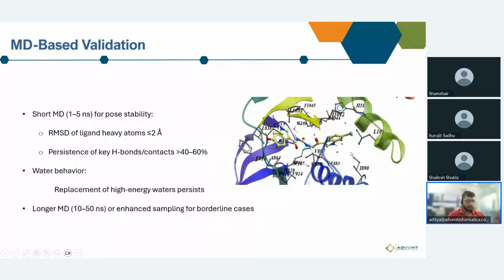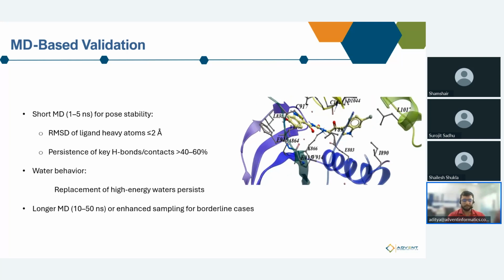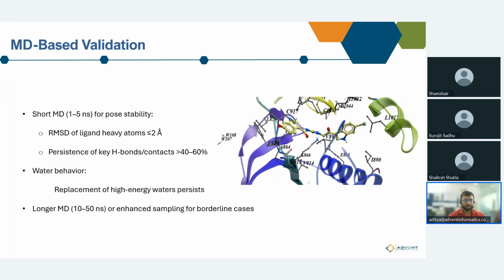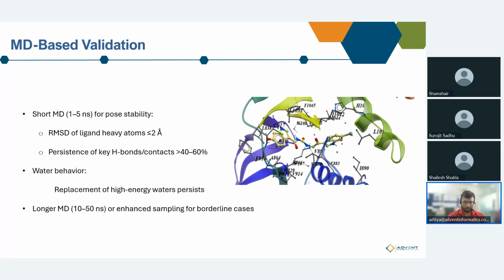So when we are doing all such things, the next step would be to look for MD-based validation. For MD-based validation, we need to run a small MD of your selected pose. And when we do so, we need to consider two, three things. Your ligand molecule may shift out of your binding pocket, so considering RMSD is a good option there.